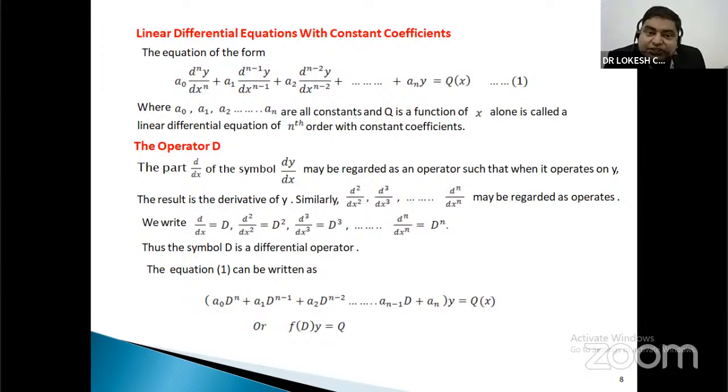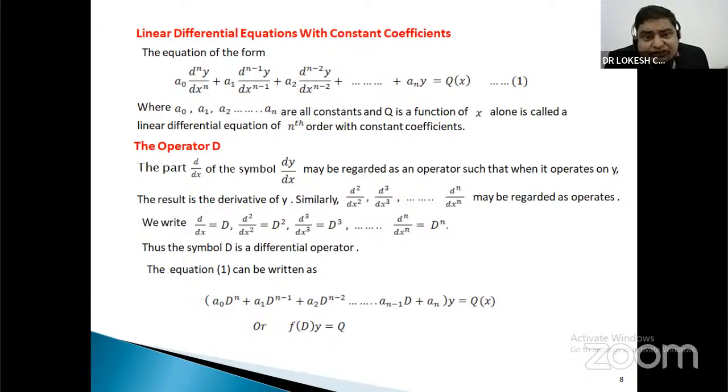But a0, a1, a2 up to an must be either functions of x or constants. Then it will be a linear differential equation. It may be with constant coefficients or with variable coefficients.